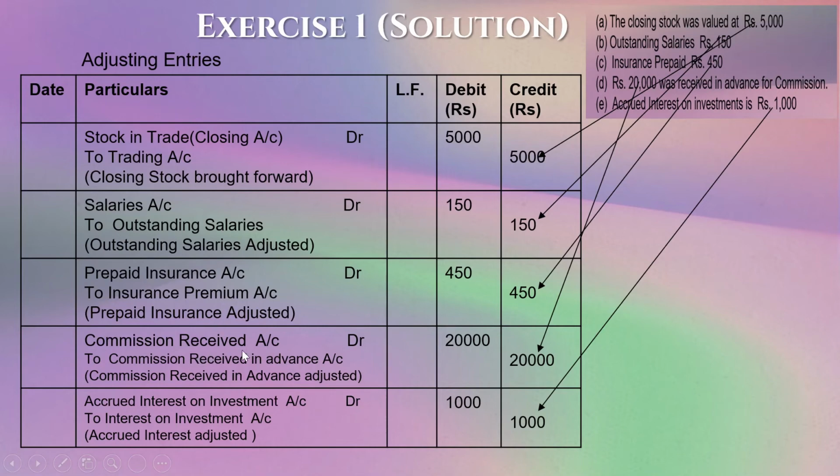Commission received in advance is a liability, so you are crediting it, so the concerned income will be debited. Accrued interest we have earned but not received, that is an asset, so debit. Accrued interest on investment account debit to interest on investment. Like this you have to do the sum.